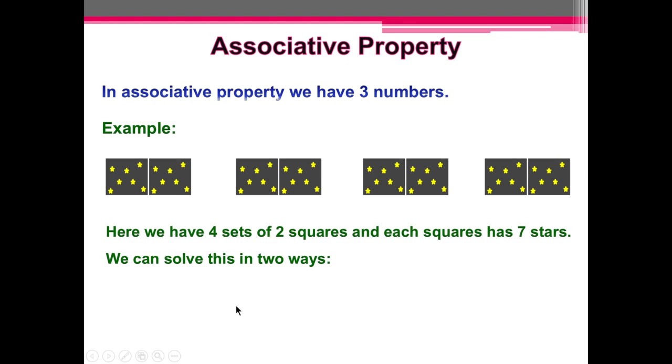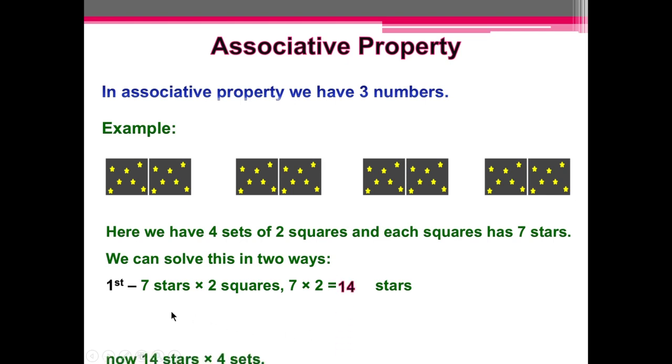So, shall we see the first one? 7 stars multiplied by 2 squares. That is equal to 7 multiplied by 2. Can you tell me 7 multiplied by 2 is equal to 14 stars. Very good. Now, 14 stars multiplied by 4 sets. That is 14 multiplied by 4. Can you tell me how many stars are there in total? Yes, 56 stars.